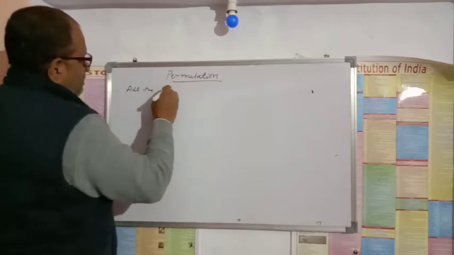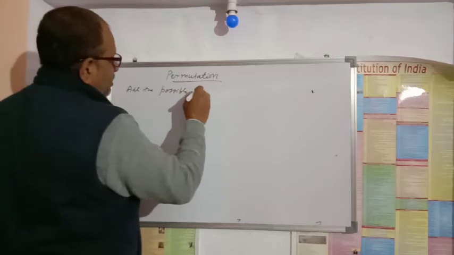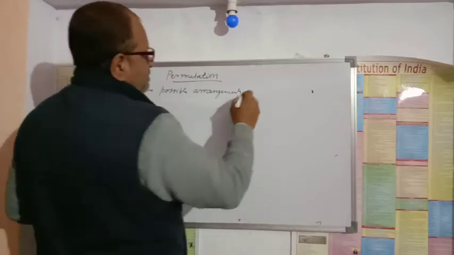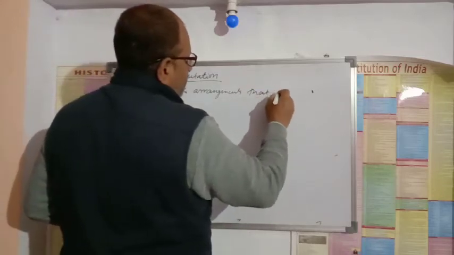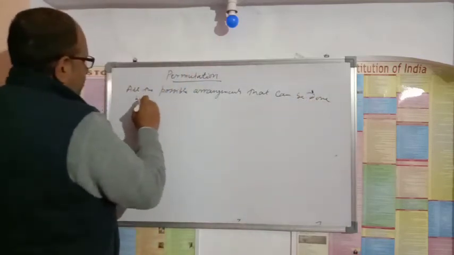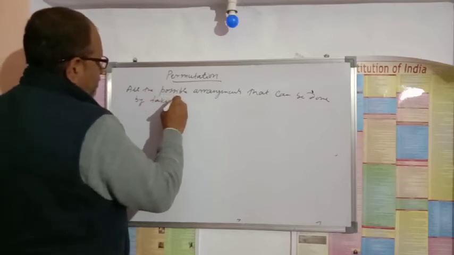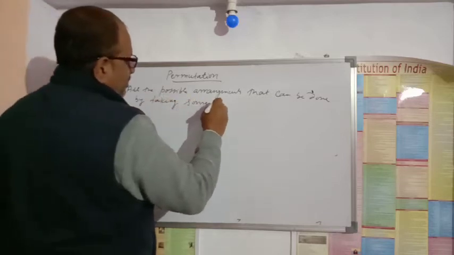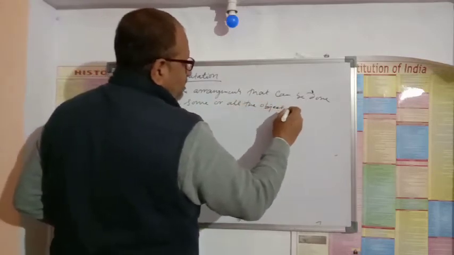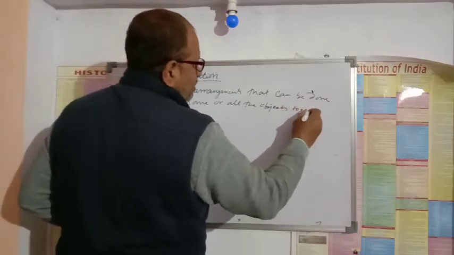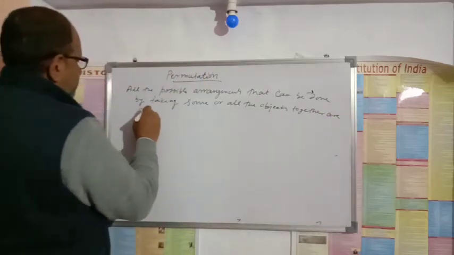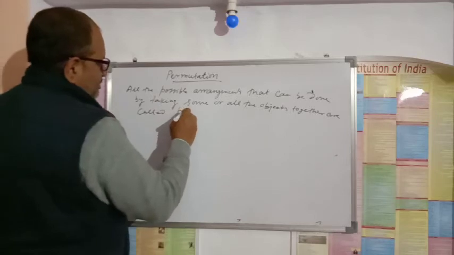All the possible arrangements that can be done by taking some or all the objects together are called permutations.